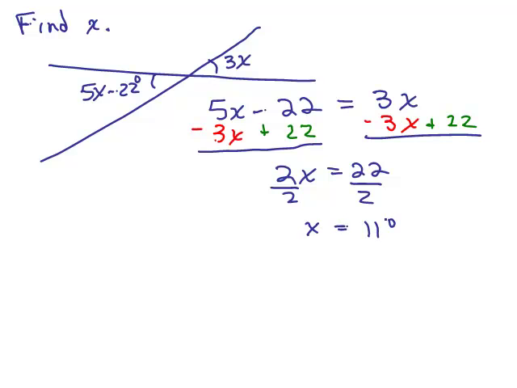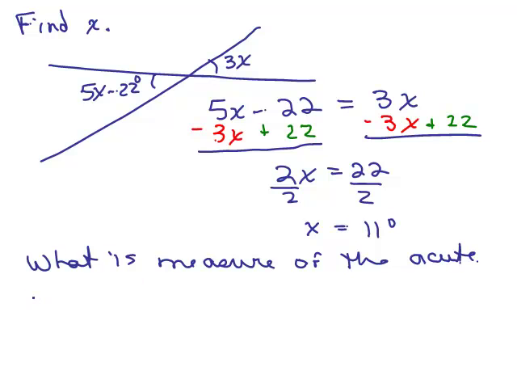Now, that's not the measure of the angle, right? That's just what x stands for. What's the measure of the acute angle? It shouldn't matter which one you put it into, but that's how we would check it.